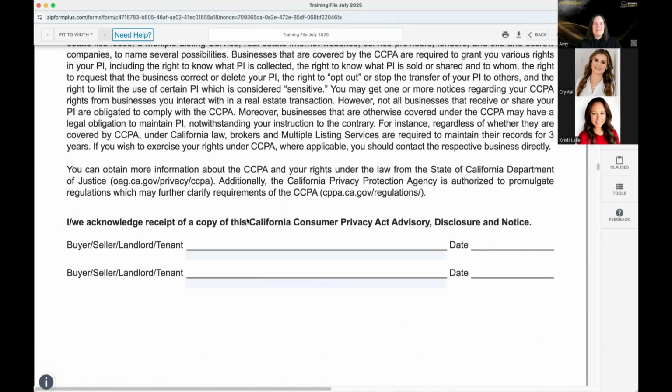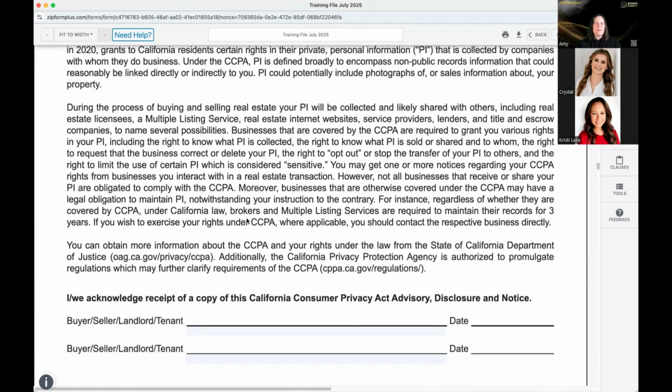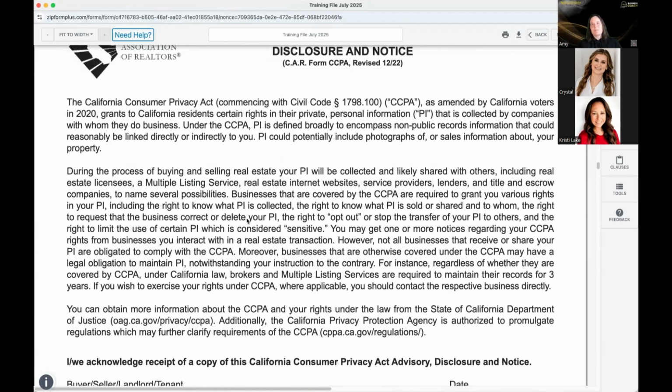It's a silly form, but this might be a good time to cover with your buyers that when you purchase a property in the state of California, your purchase price becomes public information. The names that are on title become public information. Keep in mind that what you fill out on those title forms for contact information also becomes public information. We can't control it if the photos of the house are already out there.